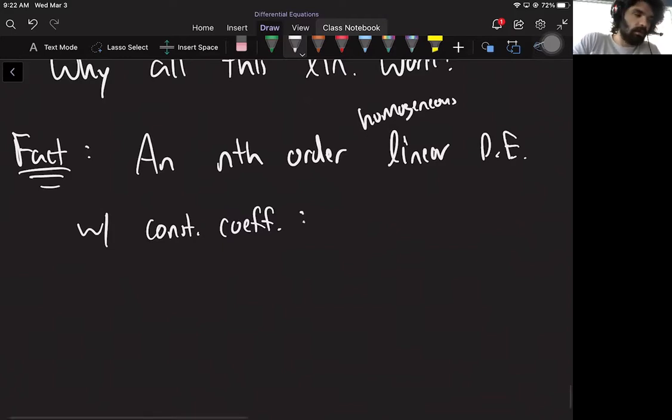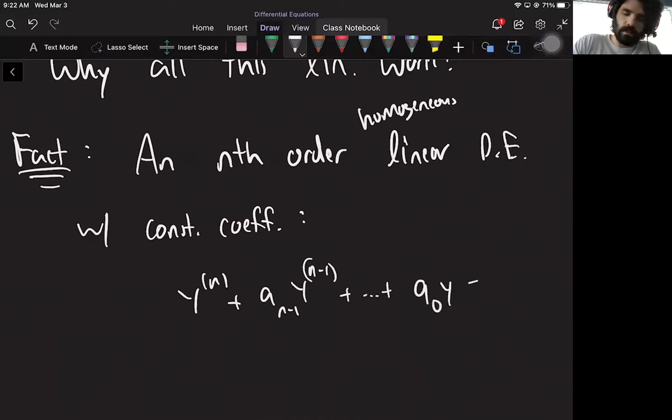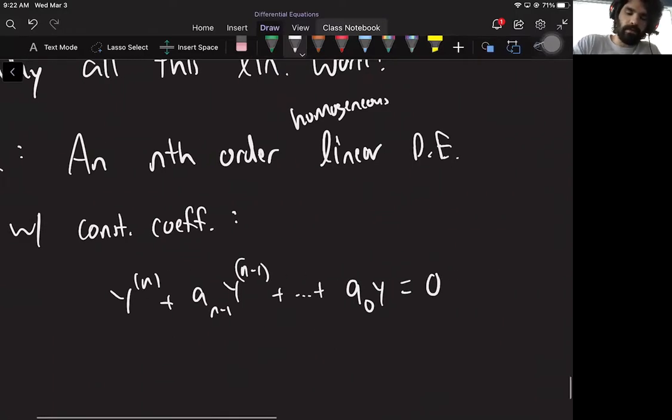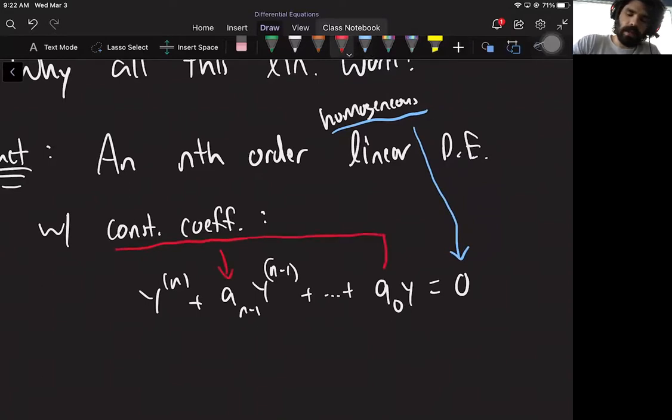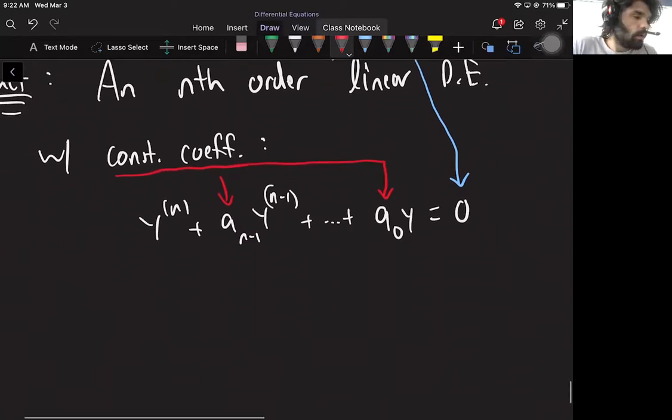If you have one of these, which I'll remind you looks like this, you could use different letters than I have, but that's okay. The homogeneous aspect is that there's a 0 on the right. The constant coefficient aspect is that these a's are all just numbers, instead of other big functions of x or anything like that. And linear is just that it's in this form.